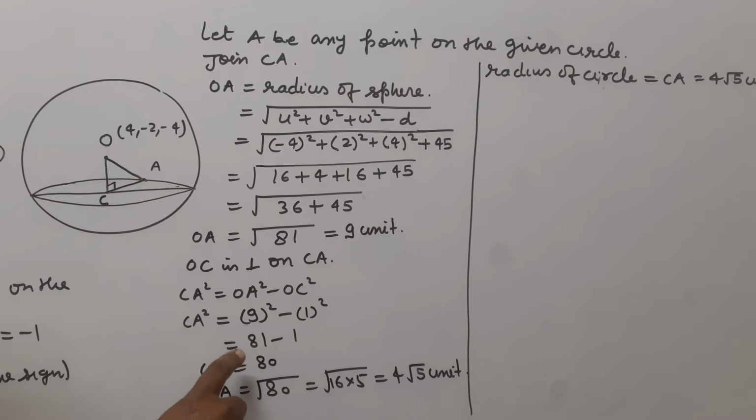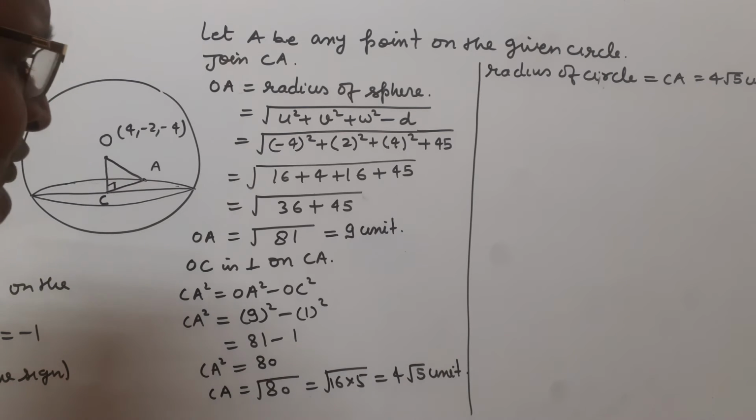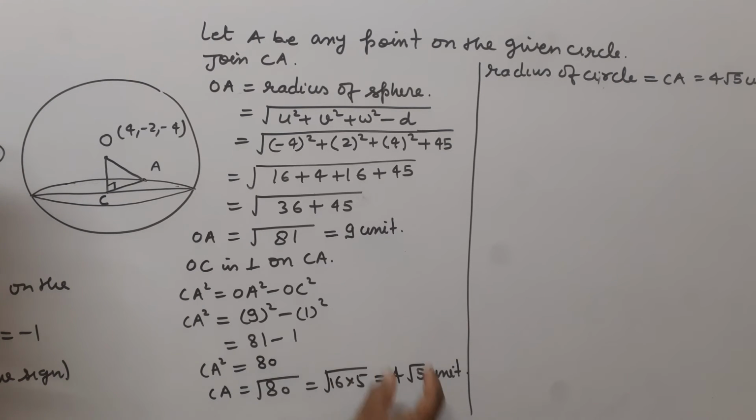So 1 square is 1. Now we subtract 1 from 81, we get 80. So we take the square root. So CA is equal to the square root of 80, that is 4 root 5 units. So this is the radius of the circle. And now we find the center of the circle.